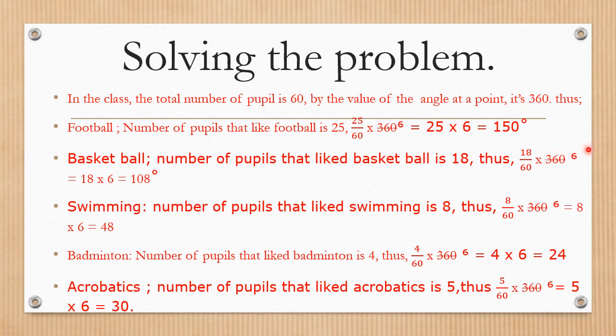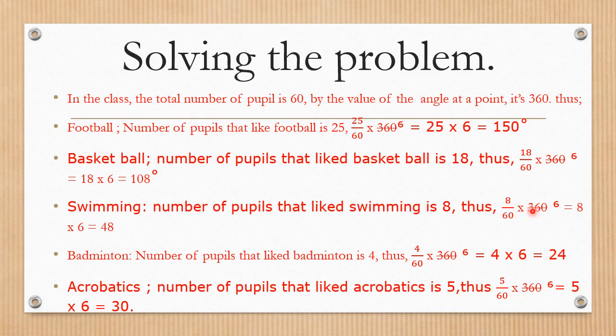We do the same for swimming. The number of pupils that like swimming is 8. Thus, 8 divided by 60 times 360. We use this 60 to divide 360, we are left with 6, and 8 times 6 gives us 48.